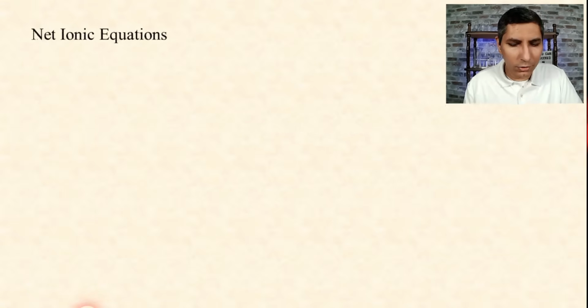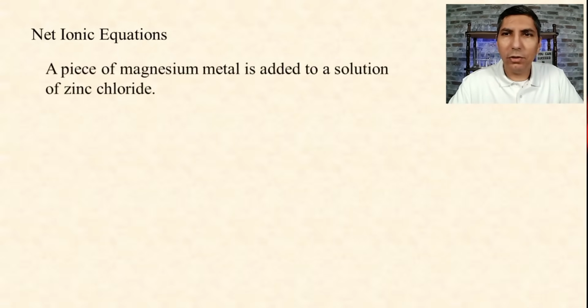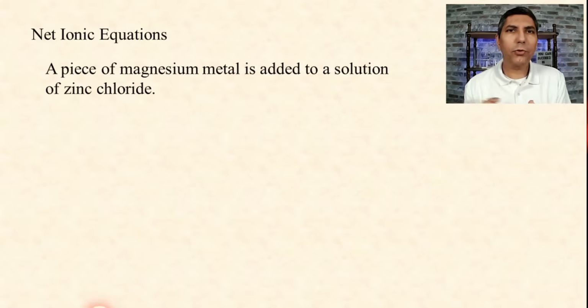Now, going on to Unit 4, we're moving right on to the concept of net ionic equations. When we write equations, especially if it's in solution, you need to understand that there are ions in solution. So if we have this reaction where a piece of magnesium metal is added to a solution of zinc chloride, the first thing I like to do is write out what you have on the reactant side.